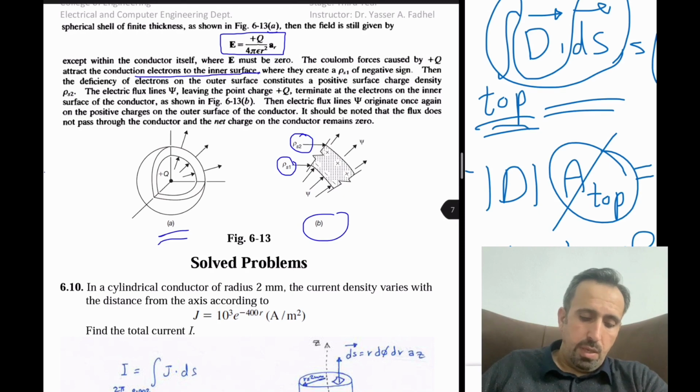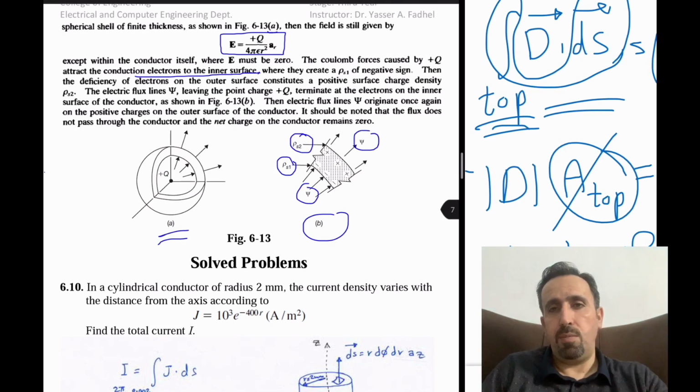All the distributed charges will be working together to generate another flux in the same amount as that flux coming from the original one. Meaning what?